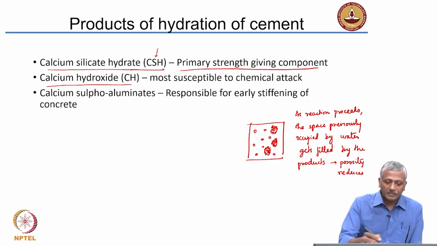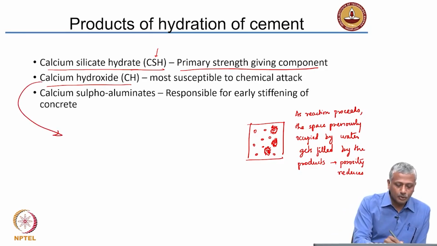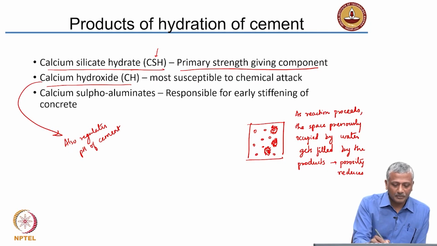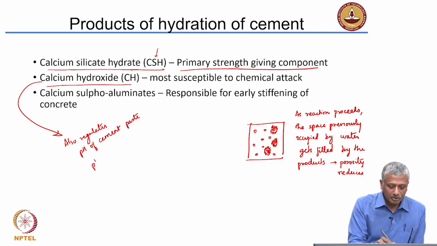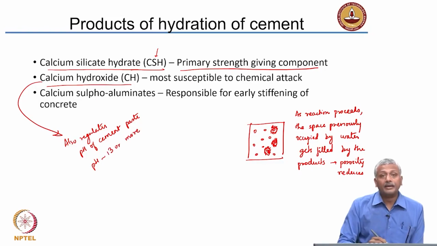And the calcium hydroxide also regulates the pH of the cement paste. General cement paste will have a pH of around 13 or more. That means it's highly alkaline.